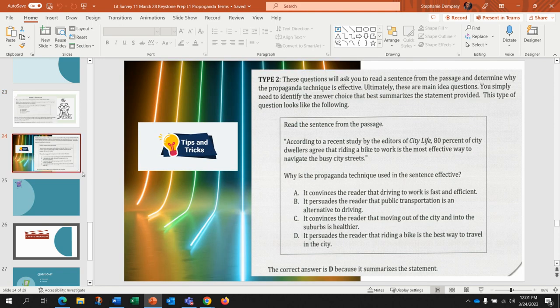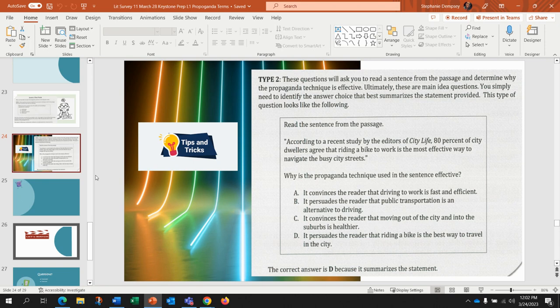The second question will ask you to read a sentence from the passage and determine why the propaganda technique is effective. Ultimately, these are main idea questions. You simply need to identify the answer choice that best summarizes the statement provided. This type of question looks like the following. "According to a recent study by the editors of City Life, 80% of city dwellers agree that riding a bike to work is the most effective way to navigate the busy city streets." Why is the propaganda technique used in the sentence effective?